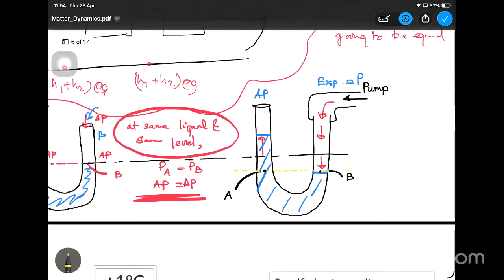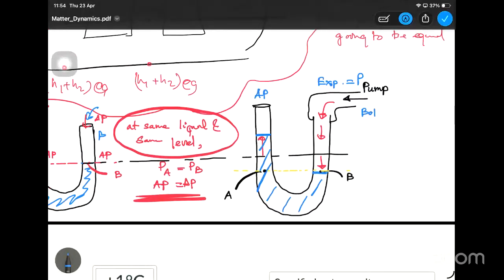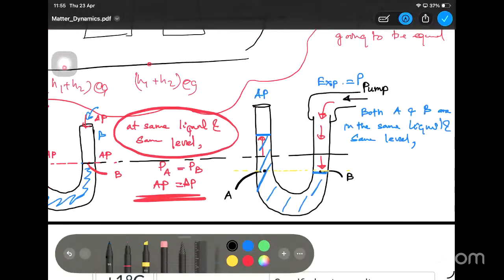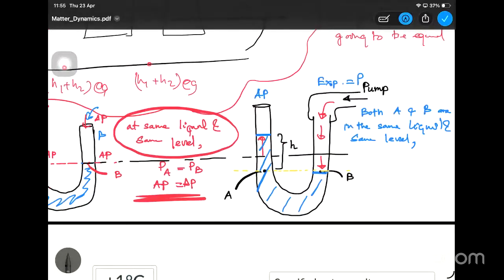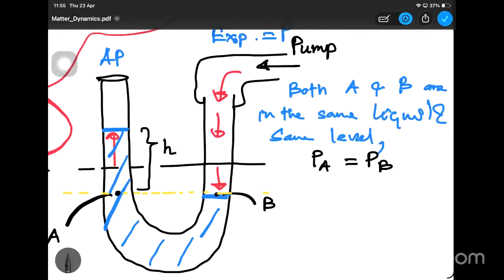Therefore, you can write that both A and B are in the same liquid and same level. I label this height difference simply as h. Therefore, I can write pressure at A will be equal to pressure at B.